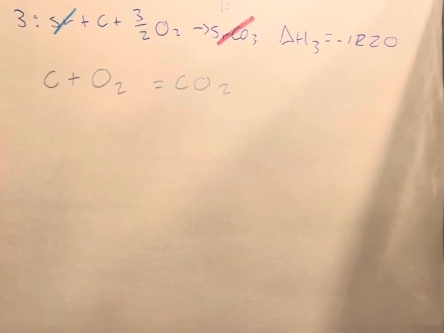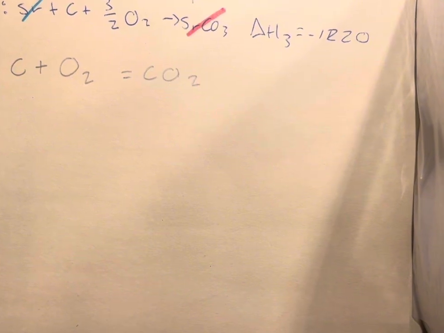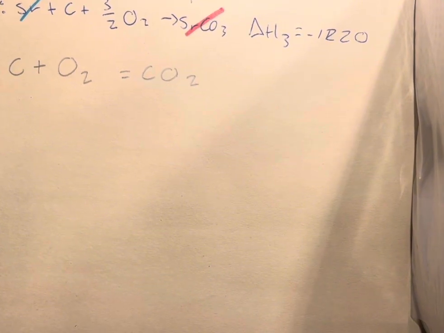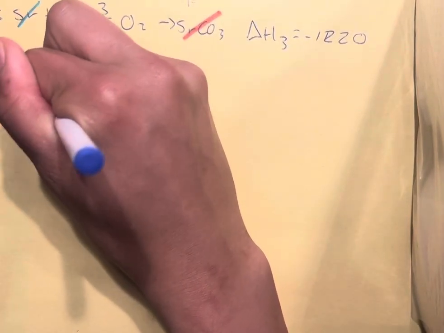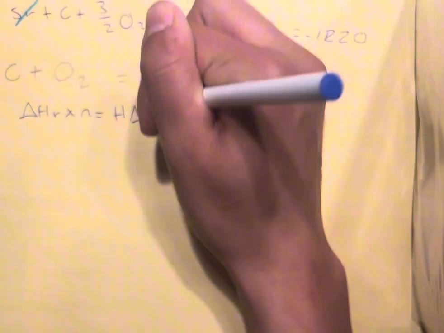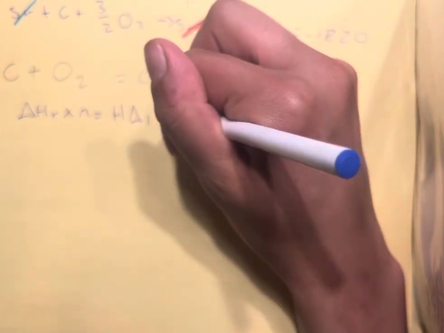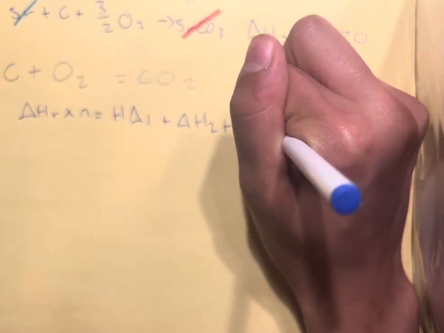Now that we have the original equation, we just have to find the overall reaction delta H. According to Hess's law, delta H is going to be equal to the delta H value of equation 1 plus delta H value of equation 2 plus delta H value 3.